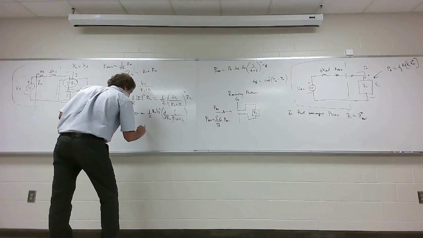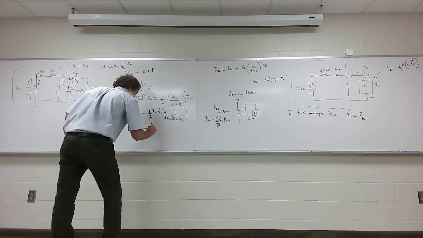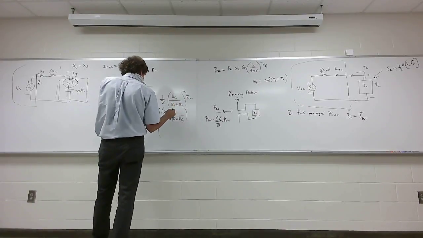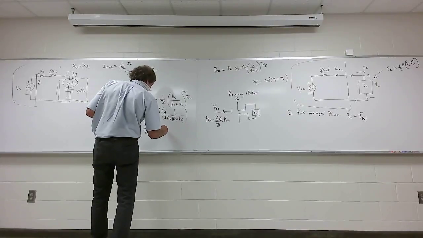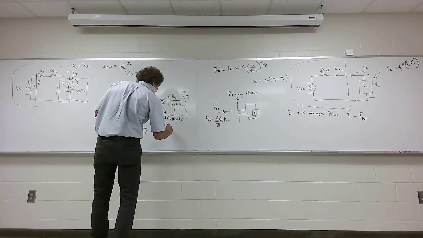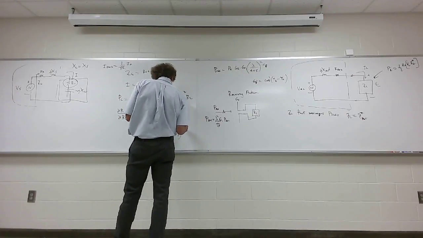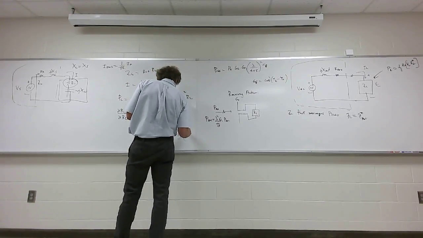It'll come out to be 1/2, and I can take Vs squared, you don't need to write this down, times RL. And then when I take a derivative of that, I get 2 times Vs over RL plus RS right there. And then the derivative of that is going to be that over 1 over RS plus RL.